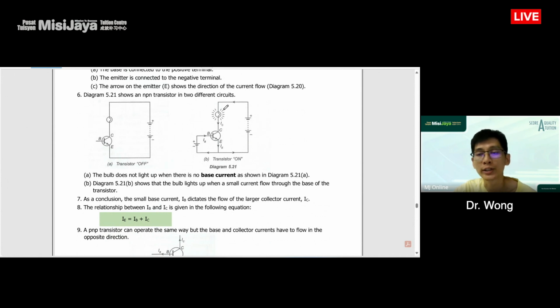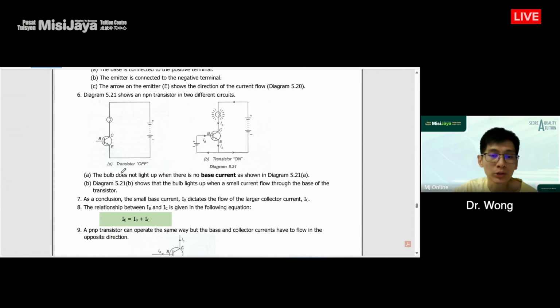I just want to highlight why we need a transistor, because in electronics, normally the current is very small, but in the electrical part, normally the current is much higher. To turn on a motor, we need high power or high energy. So we need this type of switch, using a small current to switch on a big current.